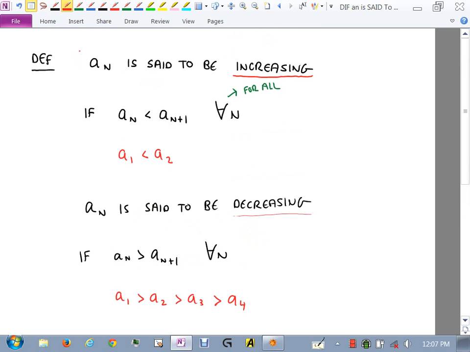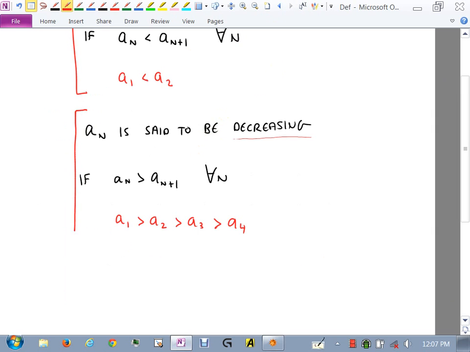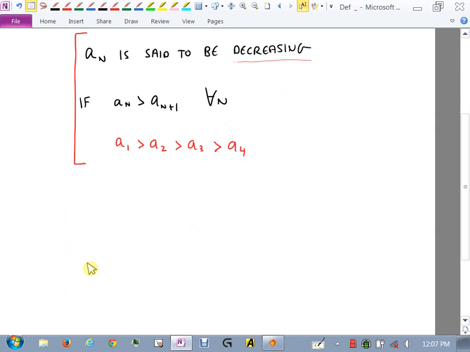So we have two things here, increasing and decreasing. In either case, a sub n is called monotonic.